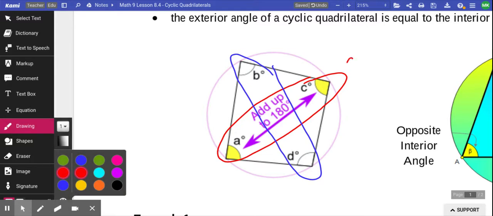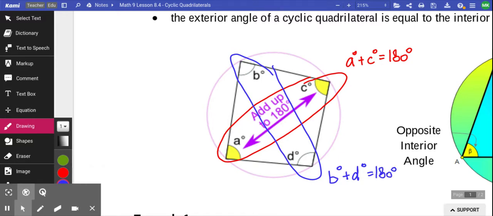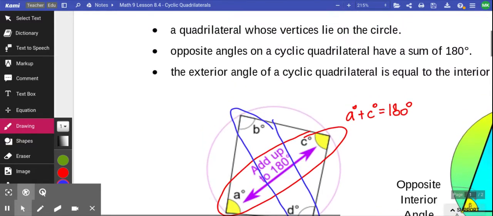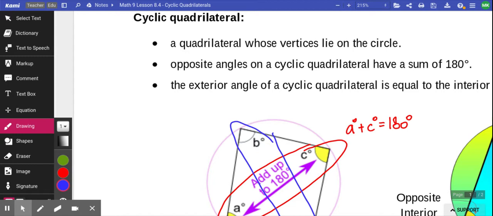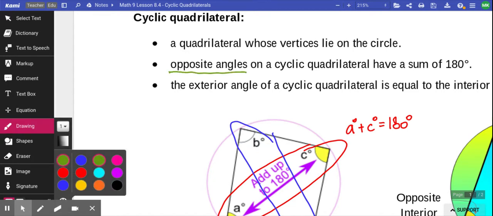So in this case, angle A plus angle C would have to equal 180 degrees. If you look at the other one, blue, that means angle B plus angle D must equal 180 degrees. This rule of the angles opposite of each other adding up to be 180, we'll refer to as the opposite angle rule. That's kind of what I call it.